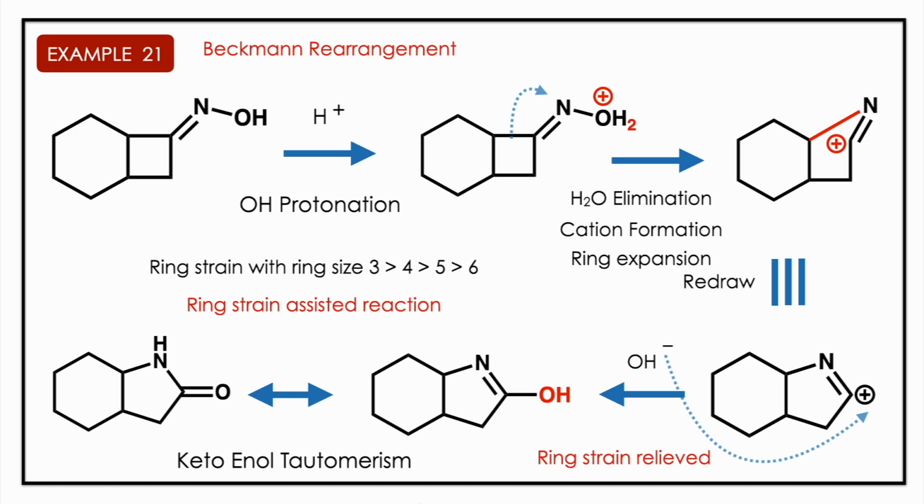Then the cation is attacked by OH minus, and you have an alcohol. The alcohol is an enol, and it can convert to ketone by tautomerism. So the final product is a ring-expanded amide. The concept you have to learn here is that ring strain can assist the Beckmann rearrangement.